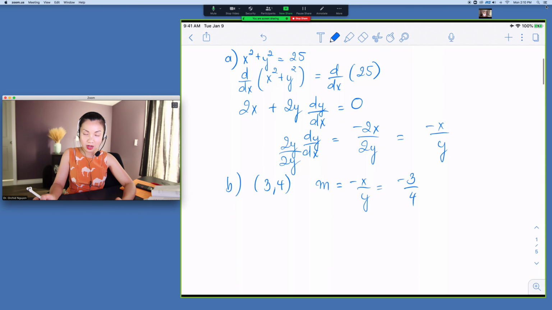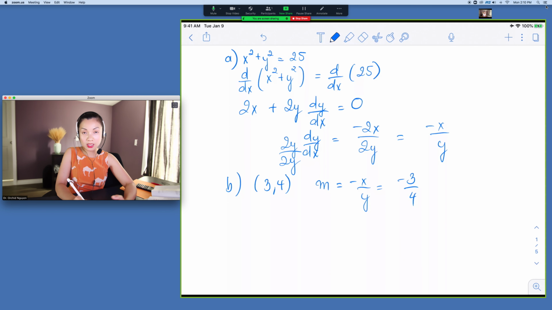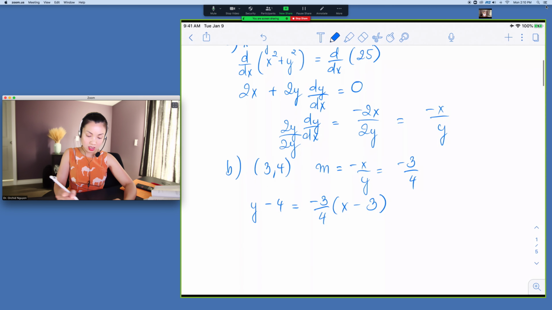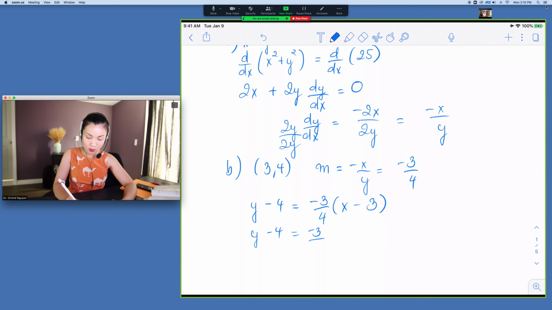Then we use the point-slope formula: y minus y1, which is 4, equals the slope times x minus x1, which is 3. Simplifying, y equals negative 3/4 x plus 9 over 4.